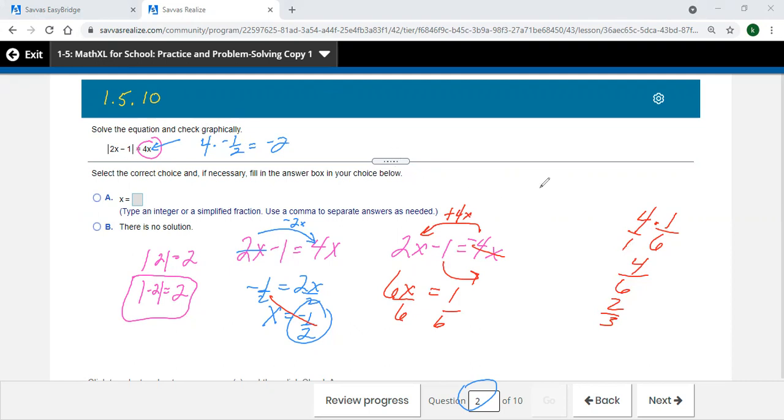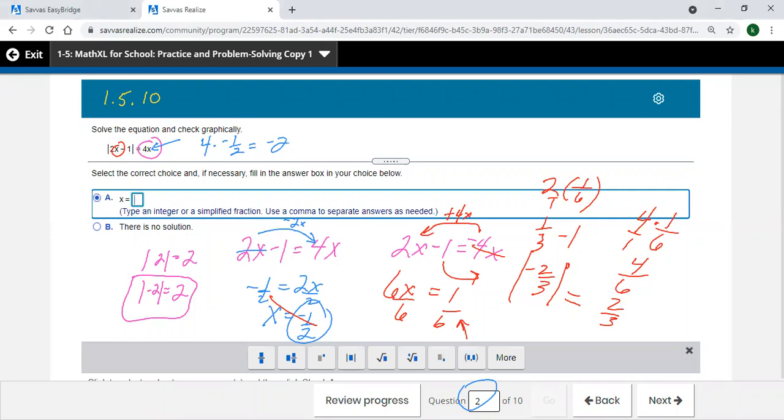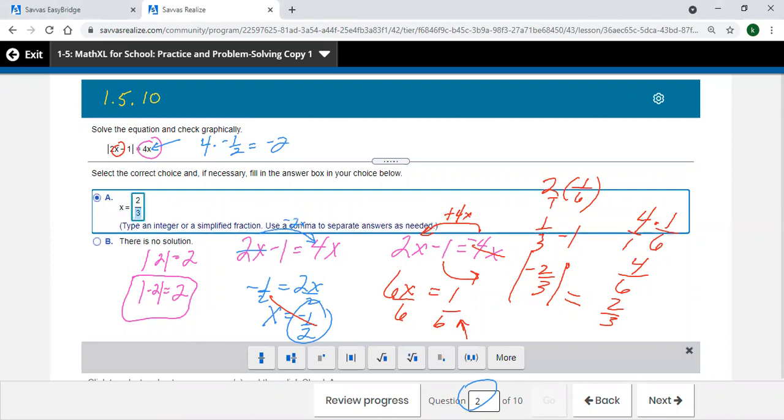And then the left side, 2 times the x, and we got, again, this 1/6 here. So 2 times 1/6, that's 2/6 or 1/3, and then -1. That's a -2/3, but it's inside of an absolute value, so it does equal my 2/3. So my answer is going to be right in here, and we need the 2/3.